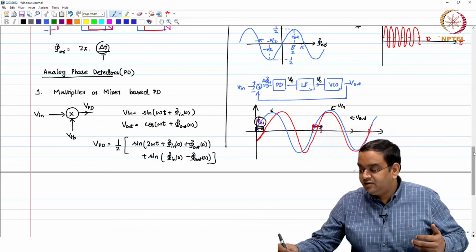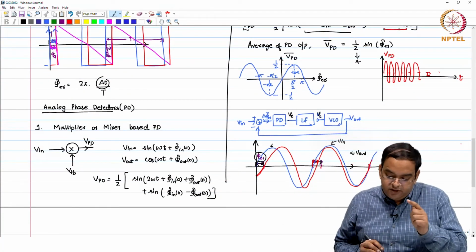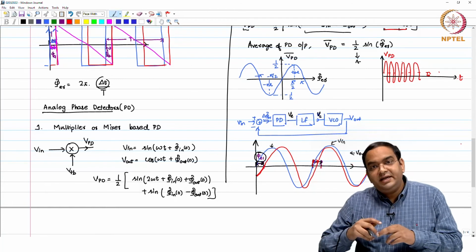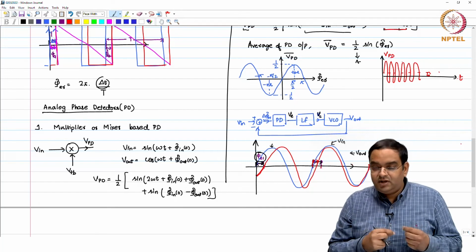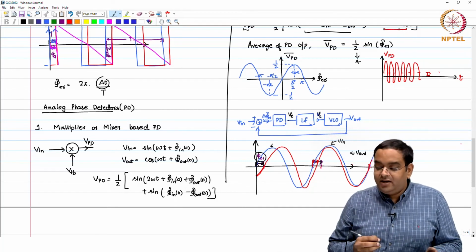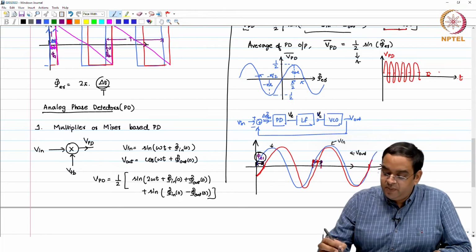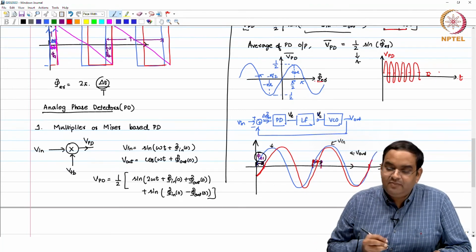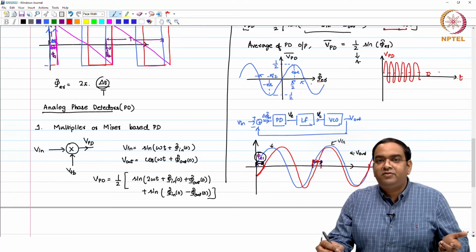Okay. Why this is important to understand is because if you had a phase error of one sign, you need to change the frequency of the oscillator in that particular direction to minimize the phase error. But if the phase error is greater than pi here, the output of the phase error detector is negative, right.